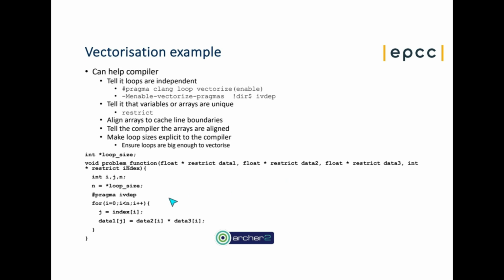So in this case, let's explicitly dereference this pointer, so not have it hanging around inside the loop bounds, and we can add a pragma, which tells it that these loop iterations really are independent. It's basically telling the compiler that no two values of j are the same. So this is safe to vectorize.